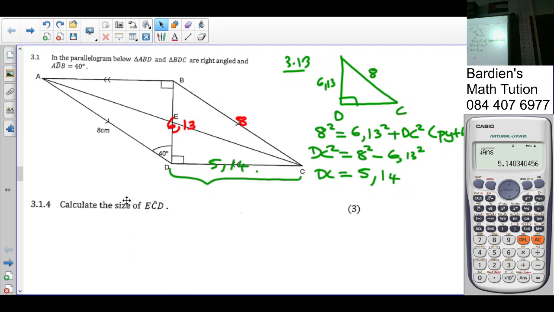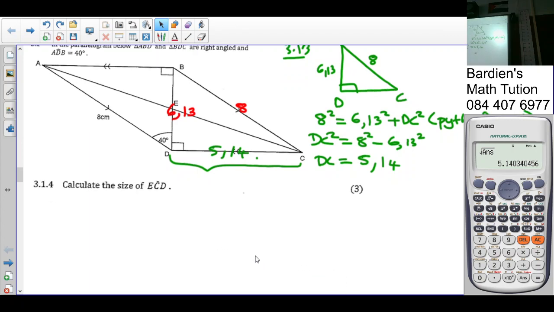The next question, 3.1.4. Calculate the size of angle ECD. So it's this angle here that they want you to calculate, not so? You just draw with what we have.